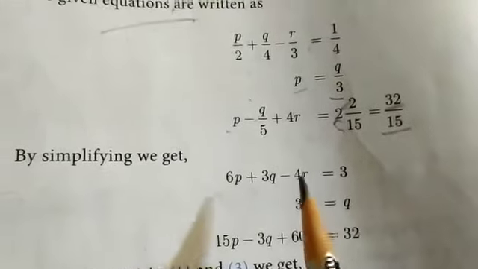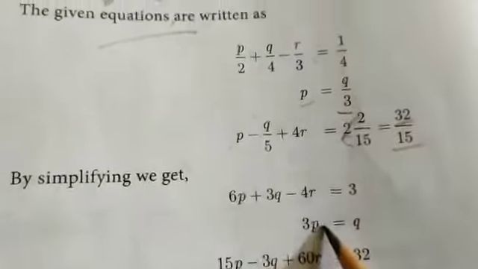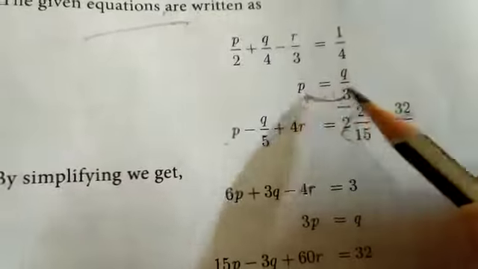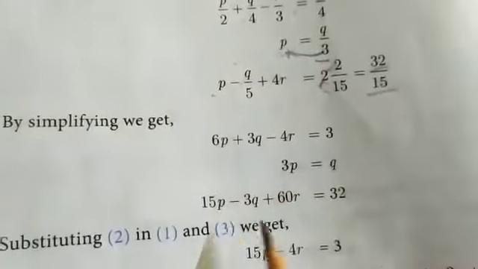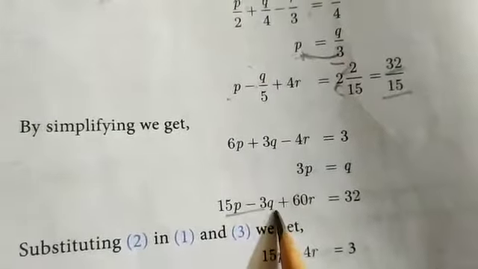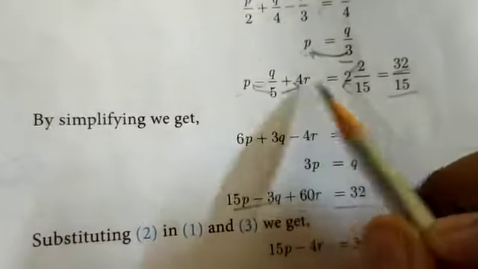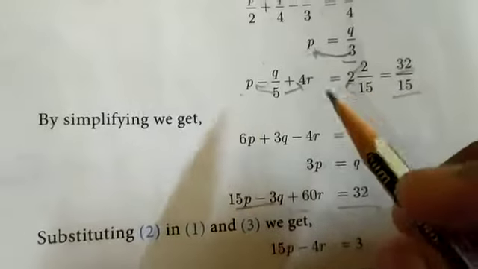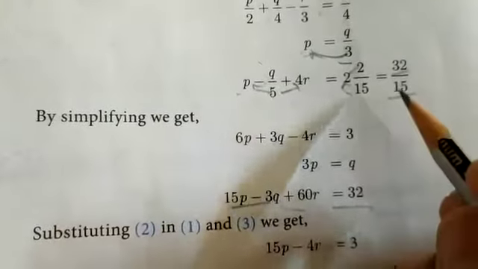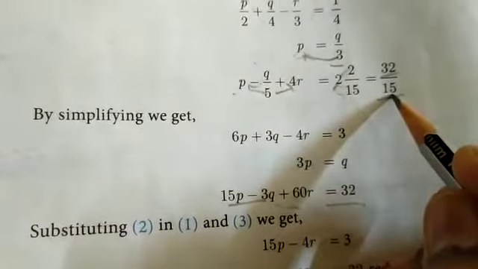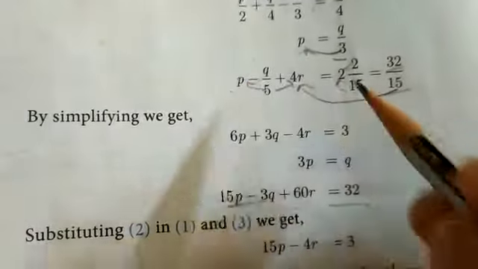You can note here that, and next see, cross multiply this, 3p equal to q. So 15p minus 3q plus 60r equal to 32. Just multiply this one. Then you will get here 15 is there. Just bring that 15 here.